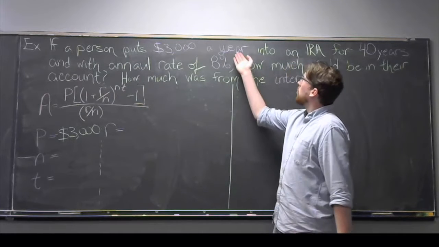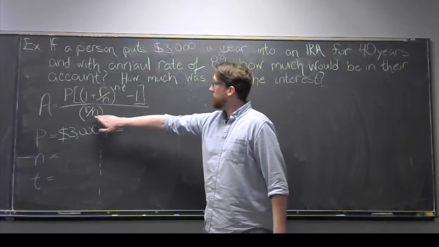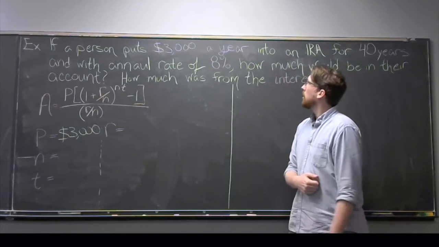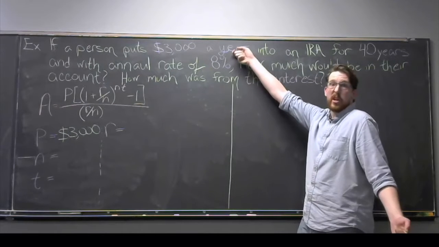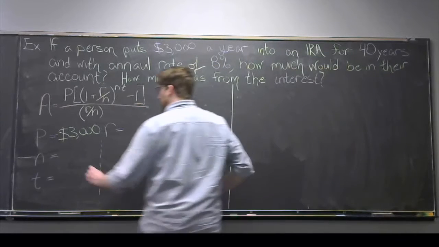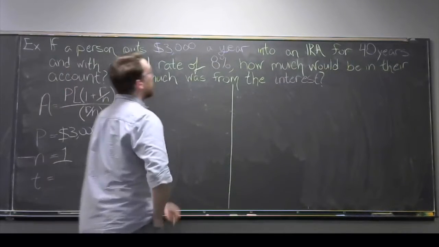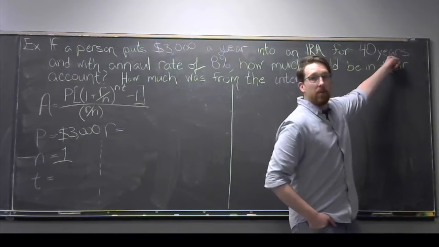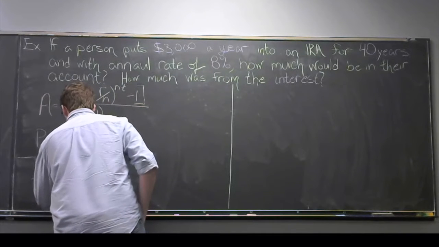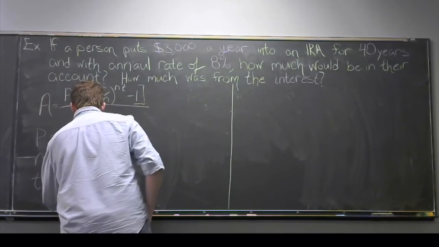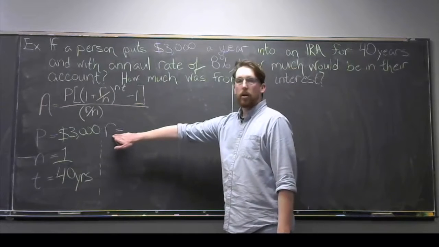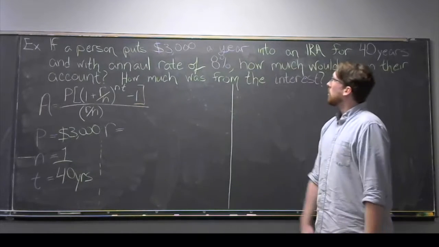We're paying once a year, so N, the periods within a year that we pay, is going to be 1. T is going to be 40 years, because T is the time that we're paying into it. And finally, R, the interest rate. Well, it's 8%.